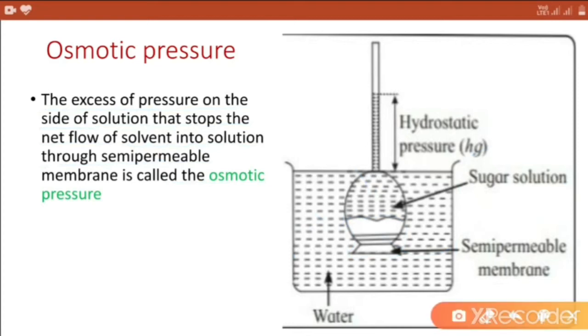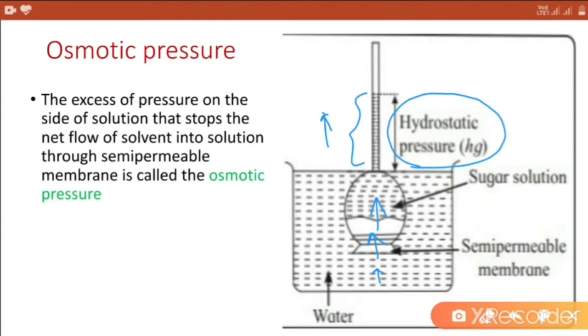Then the water through semi-permeable membrane enters into the sugar solution, and the level of sugar solution in thistle funnel rises and hydrostatic pressure is developed in thistle funnel.